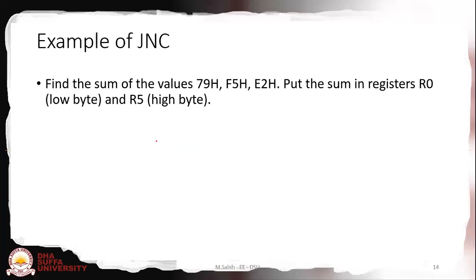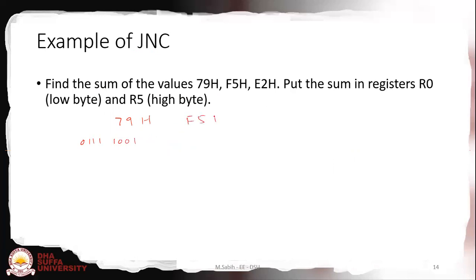This is an interesting example of JNC, in which we have to find the sum of 79H, F5H and E2H. 79 is in hexadecimal, which means 0111 and 9 means 1001.